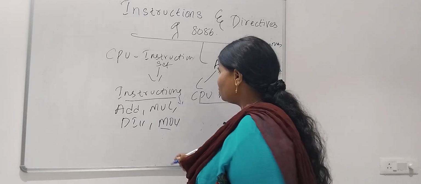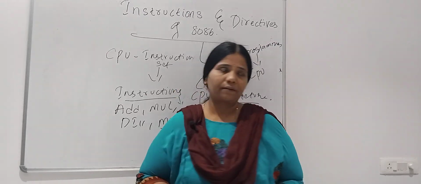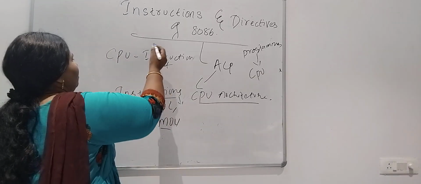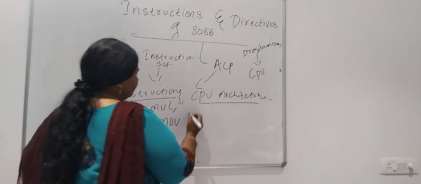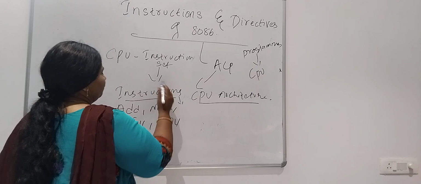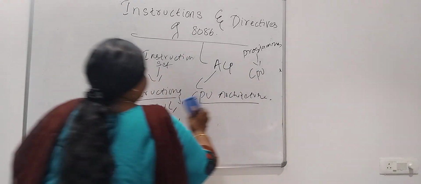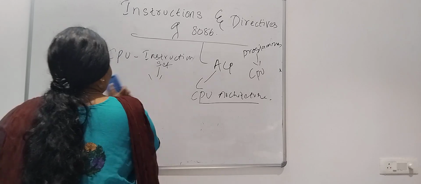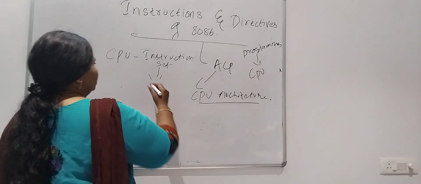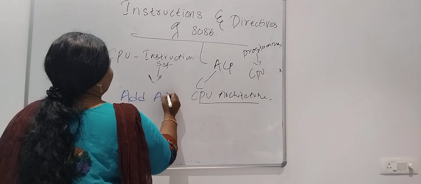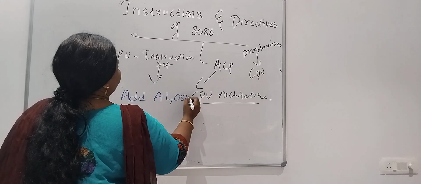Whenever we get into assembly level language programming, an instruction is made up of two things. Think I have written one instruction like ADD AL, 05H.